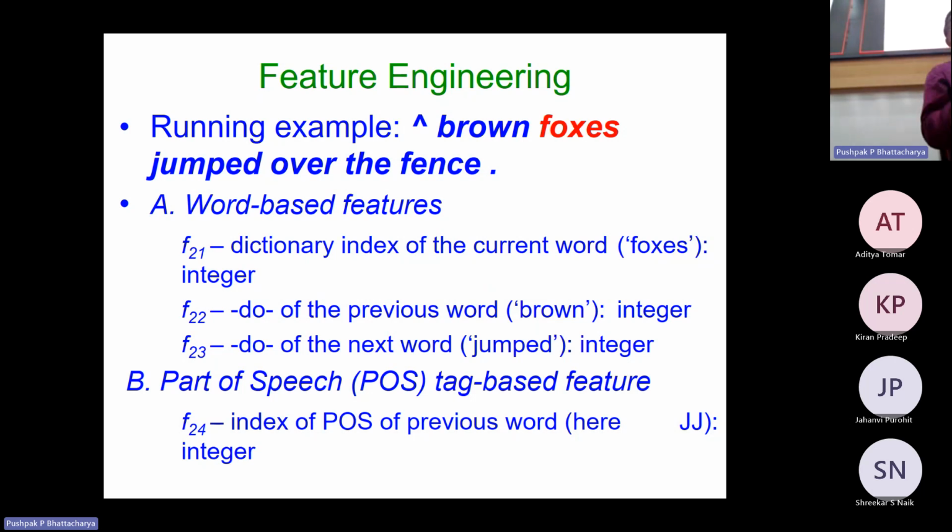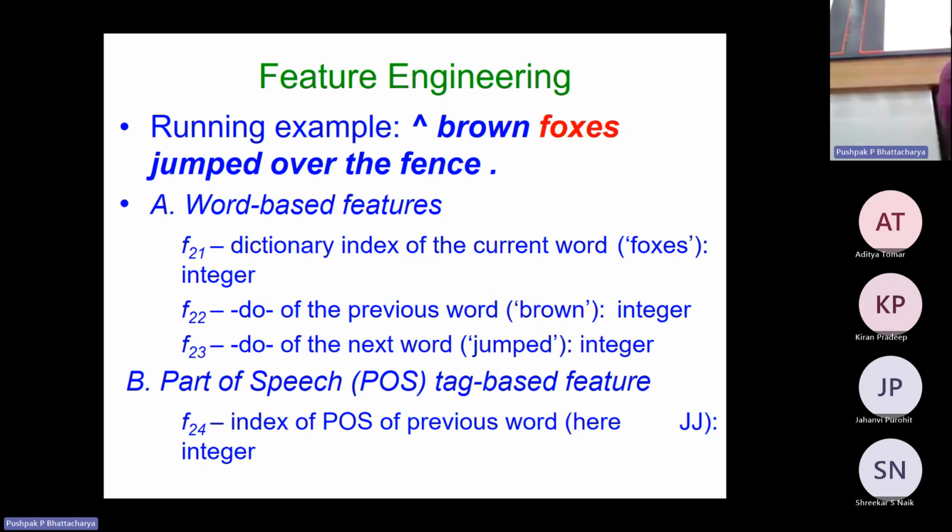Let's do this feature engineering, starting with word-based features. Let's take the word foxes, which is at position number 2. 0 is hat, brown is 1, foxes is 2. So F21, feature number 1 for the second position, is the dictionary index of the current word, foxes, which is an integer. We have the alphabetically ordered list of the words, and the position where foxes appears, I take that position as a feature.